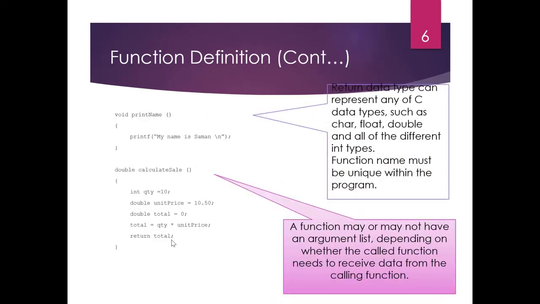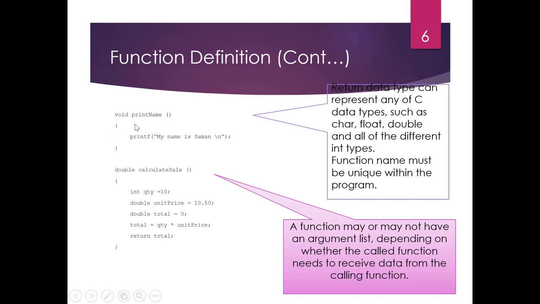Here is an example of that. This is a function, void print name. The return type of this function is void. That means this function does not need to return any value. Print name is the function name, and it does not take any parameters.